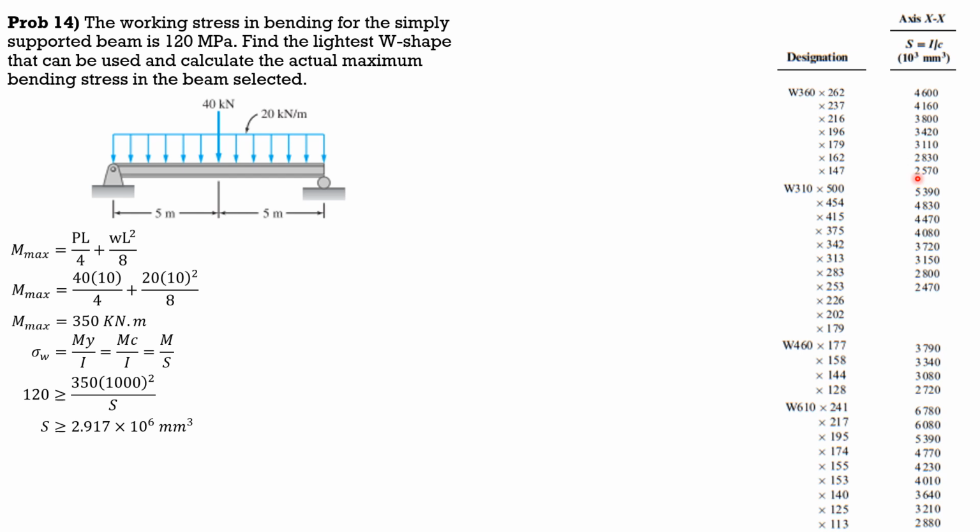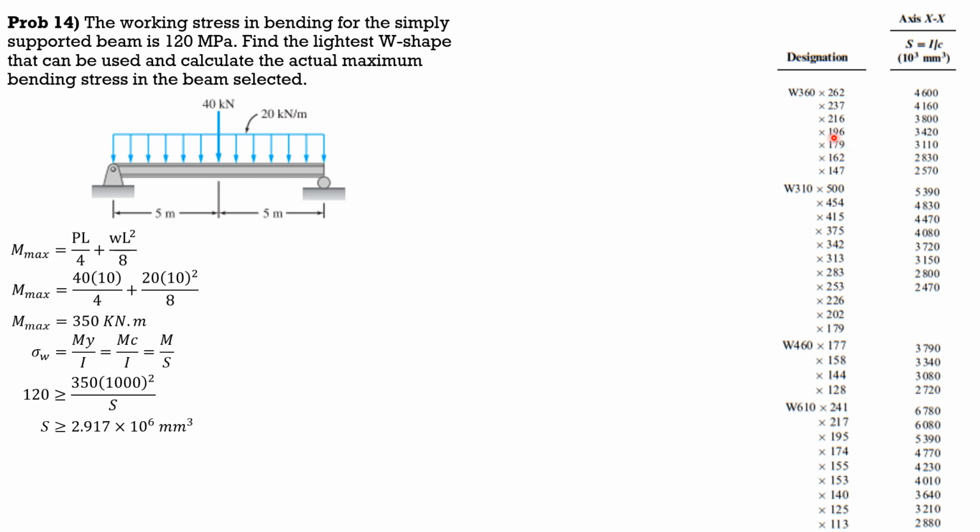So this one does not satisfy because it is only 2.83 times 10 to the 6. This is 10 to the 3, so divided by 1000, that would be times 10 to the 6. So for W360 by 262, we have W360 by 179.